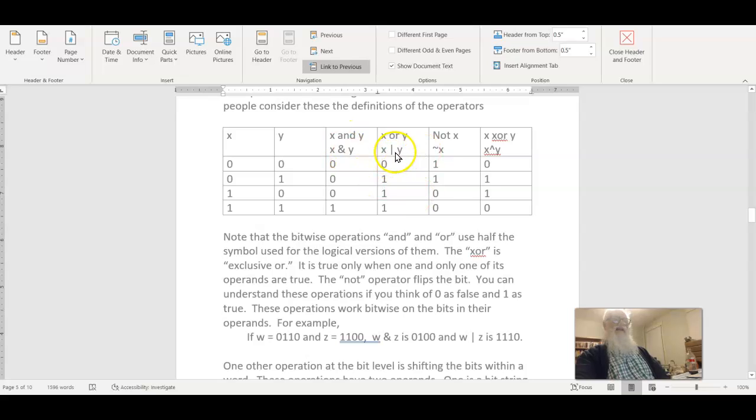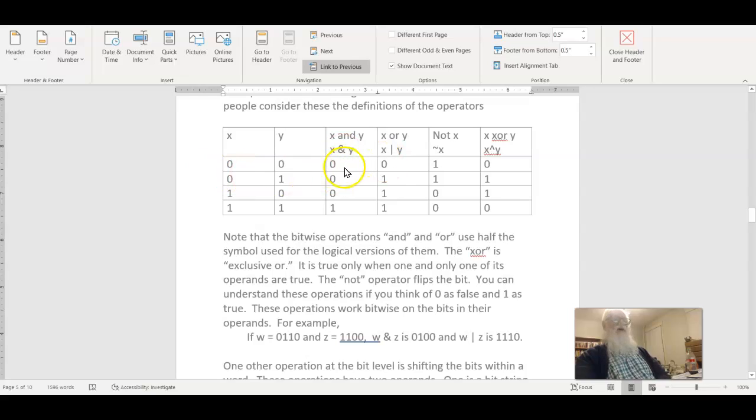X and Y, X or Y, and not X. They work exactly the way that X and Y, X or Y, and not X work for integers or for almost anything else, for truth values, T and F. The table's the same, and you can look at it.